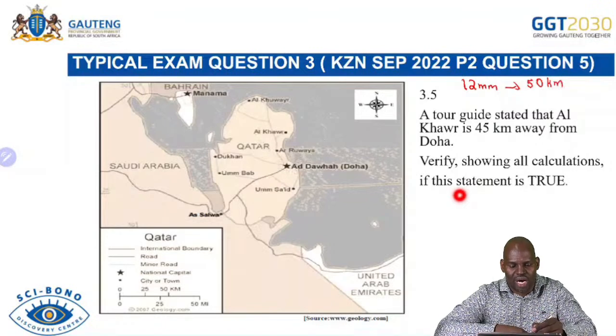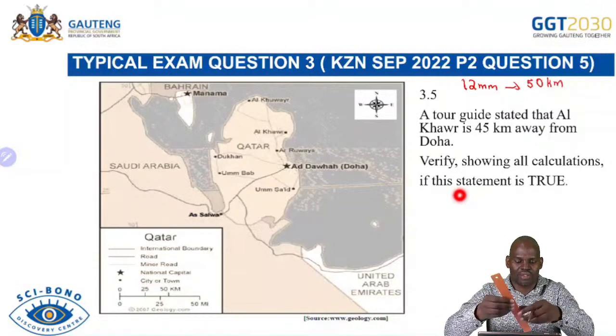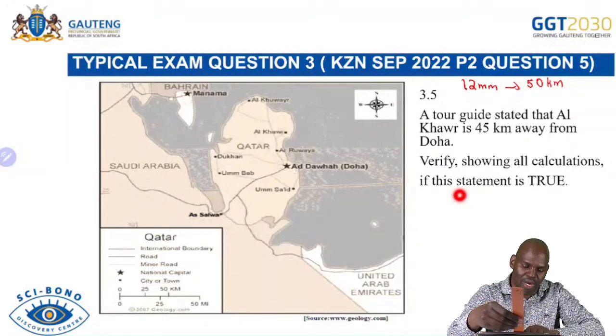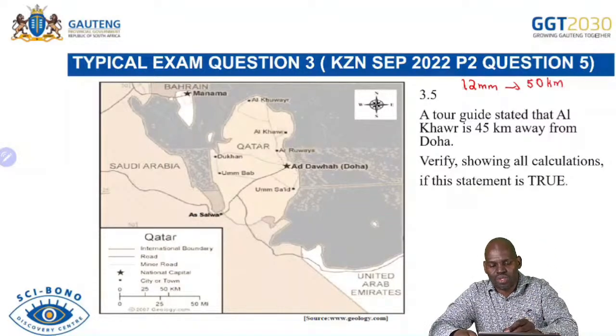So it's between the star and that dot. If I measure it, I get 10, 11, 12, about 13. So it's 13 millimeters.